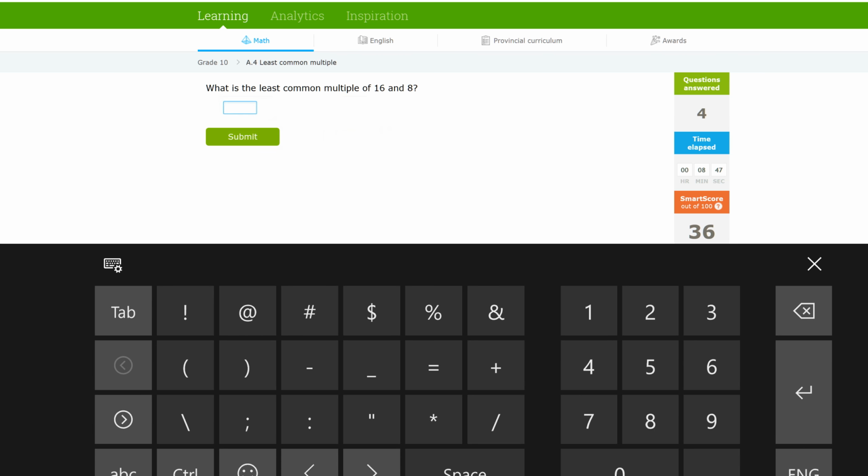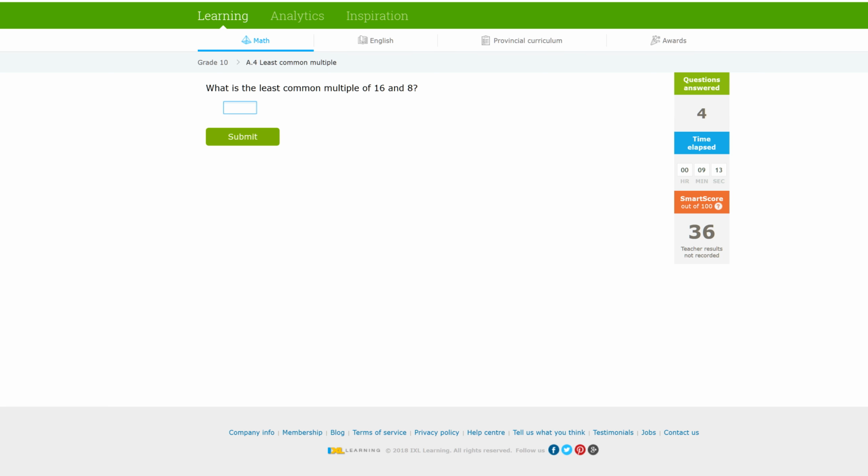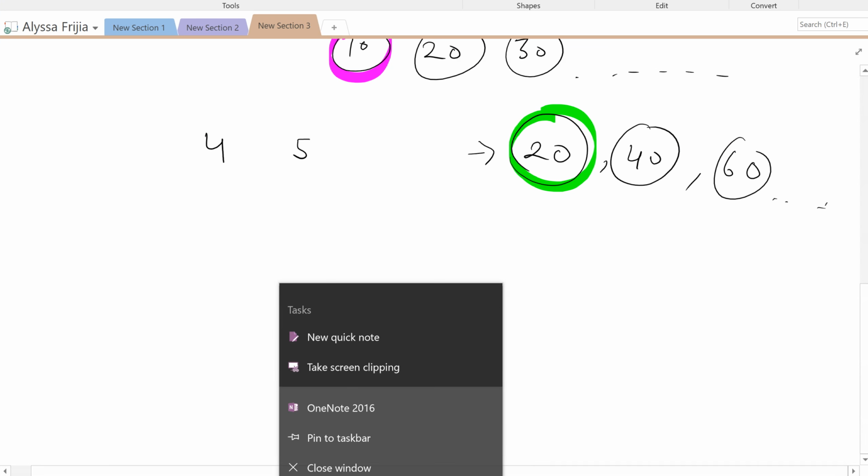And 16 and 8. Now you have to think about it. Which number is divisible by both of them, and is the smallest? You're thinking in terms of factor. You're confusing these two things, the LCM and the greatest common factor. So 16 and 8.